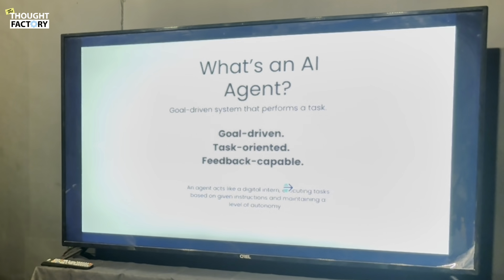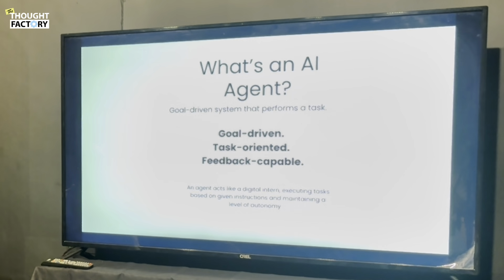First of all, let's discuss what an AI agent is. What is an AI agent? This year we can ask what is an AI agent, but next year we might be forced to ask who is an AI agent. You can simplify this.